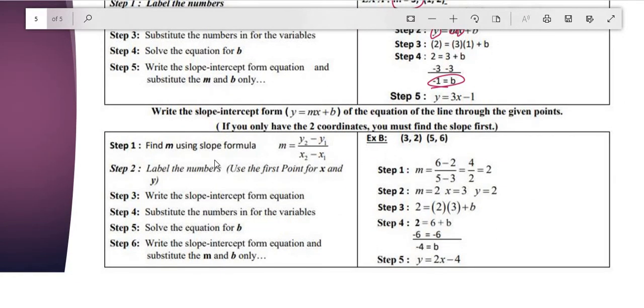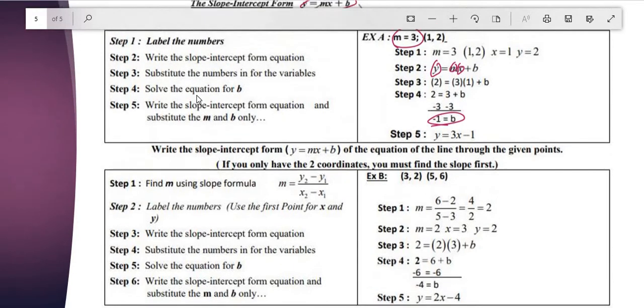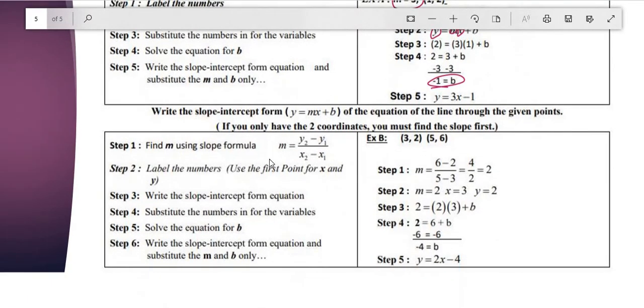Down here, you're going to do the exact same thing as we just did right here. The only difference is you have to find the slope first. This will be my x, y, x, y. First group, second group. It does not matter which one you write first.